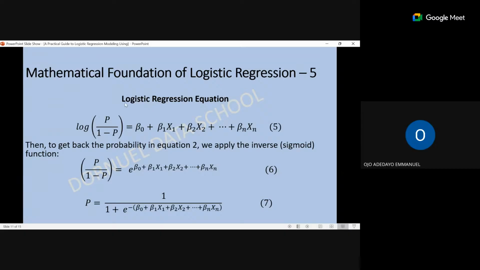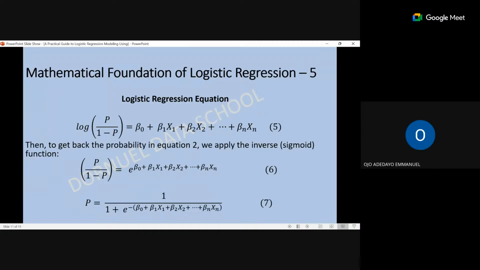So instead of y as our dependent variable, it will now be the log of odds. So this equation 5 is what we call the logistic regression model. This equation 5 is what we call the logistic regression model.